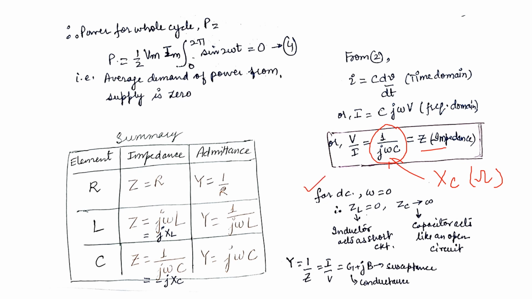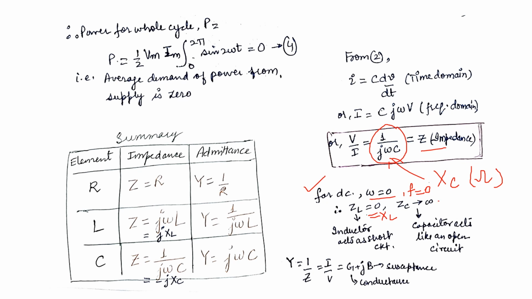Now for DC, we know that f is 0, so omega, which is 2 pi f, is 0. Let us see what impedance will be offered for a purely inductive circuit. For a purely inductive circuit, ZL, which is XL, is equal to 0, so the inductor will act as a short circuit.